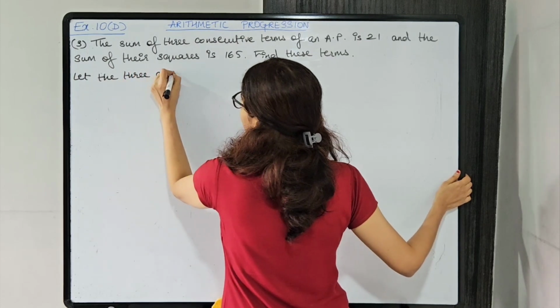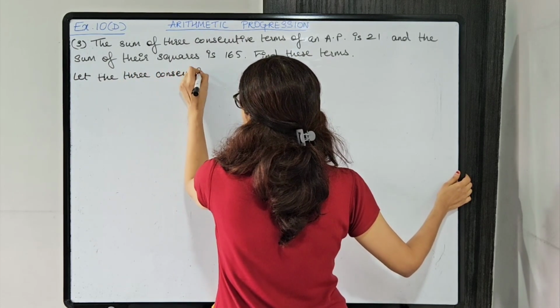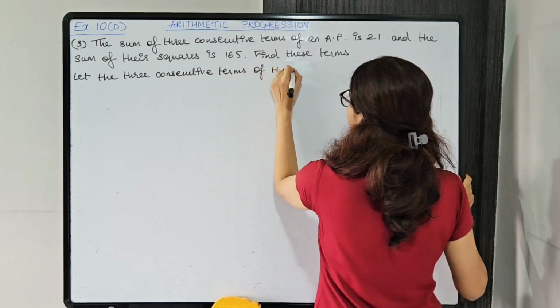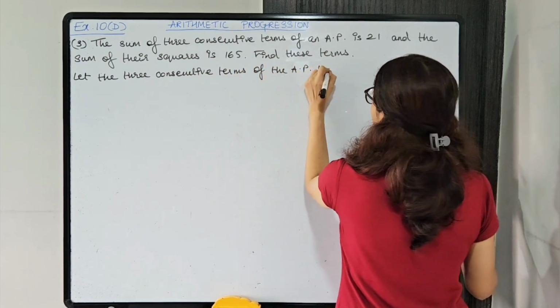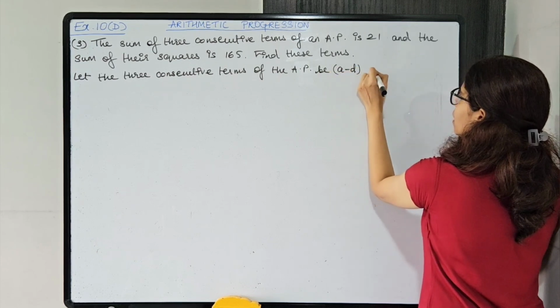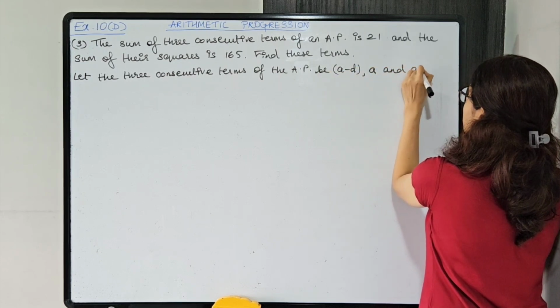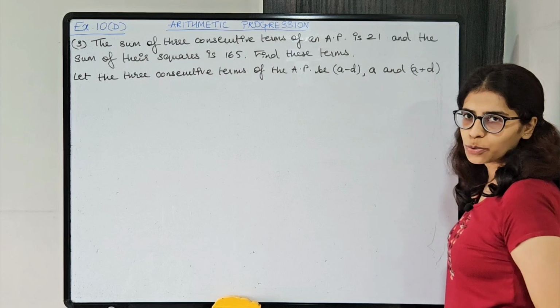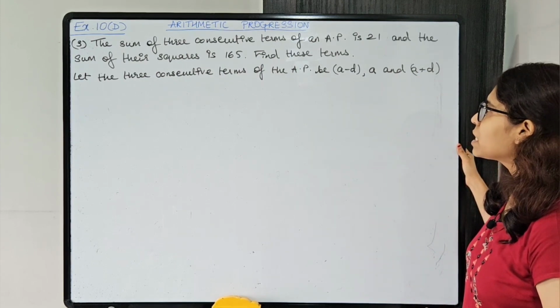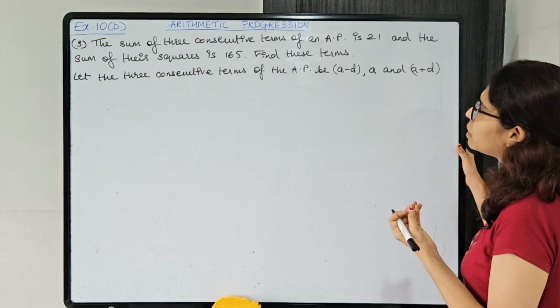So the first statement is: let the 3 consecutive terms of the AP be A minus D, A and A plus D. Okay, let's have a look at the conditions given. The sum of the 3 consecutive terms of the AP is 21.